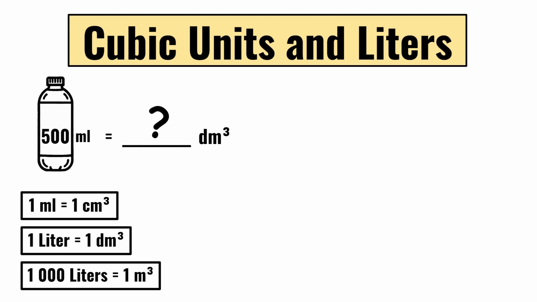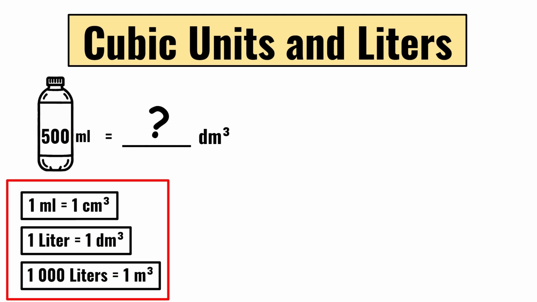First, let's think about what we know about milliliters. When we look at our 3 key facts, we see that 1 milliliter is equal to 1 centimeter cubed. And if 1 milliliter is equal to 1 centimeter cubed, that means 500 milliliters is equal to 500 centimeters cubed.